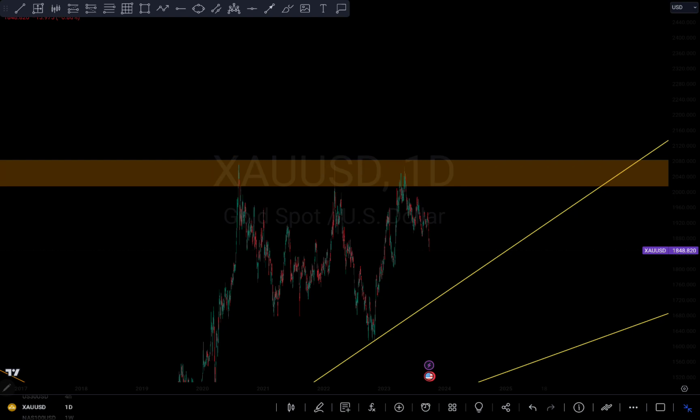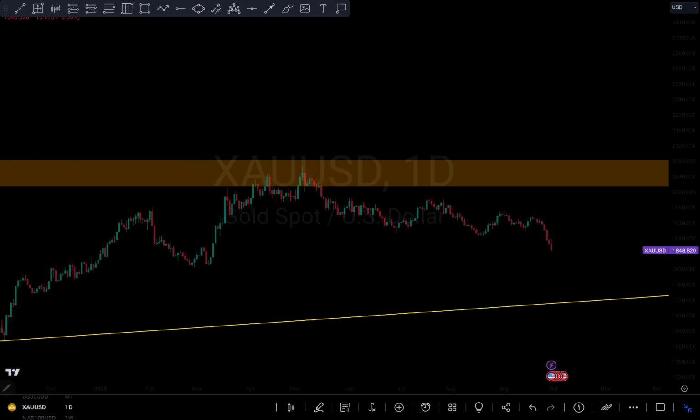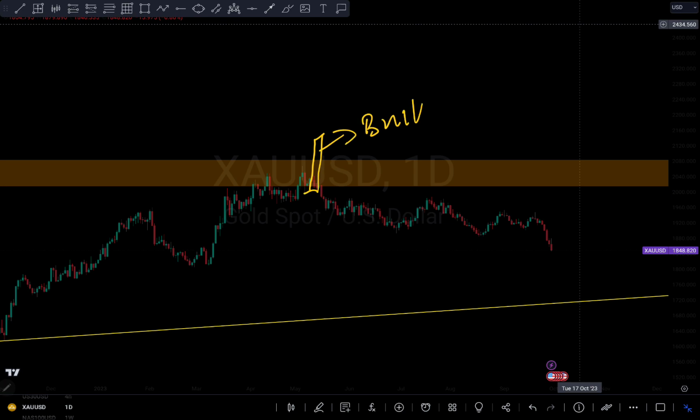But before we can take a buy around this zone right here, we have to make sure that this zone is broken with an engulfing candle, and the bullish candlestick closes above the zone.